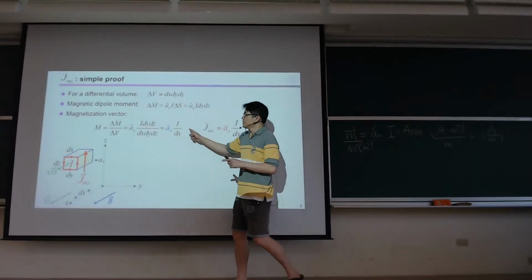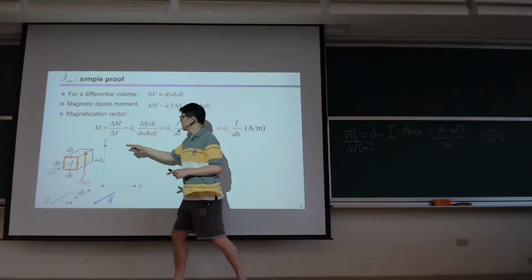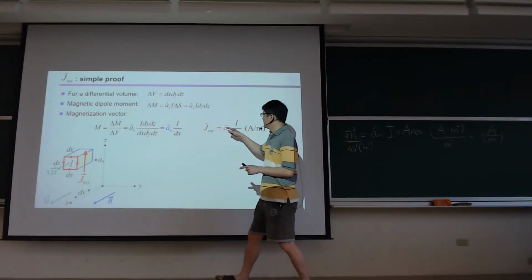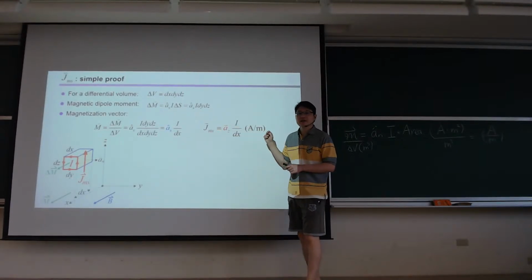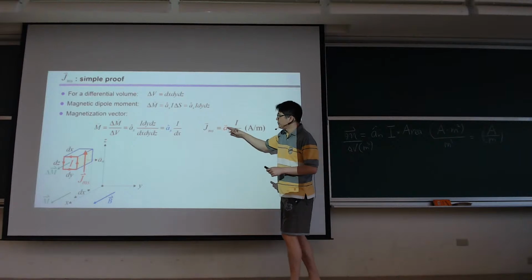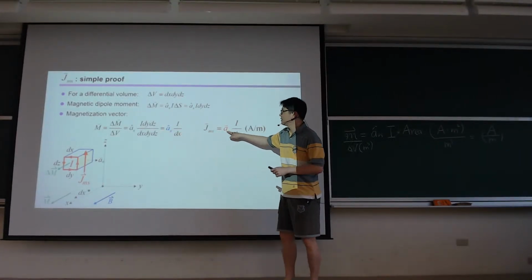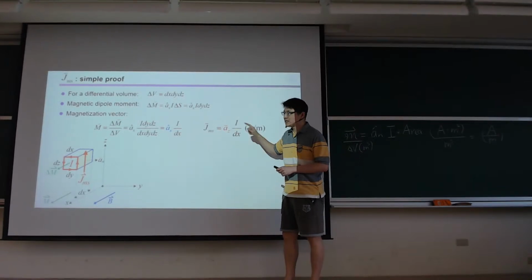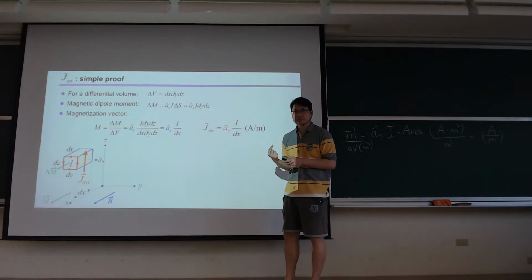So apparently, from your calculation of the magnetization vector, the magnitude is identical to its line current density, but the direction is different. M is in the x direction, but your J is in the z direction. So apparently they don't match.